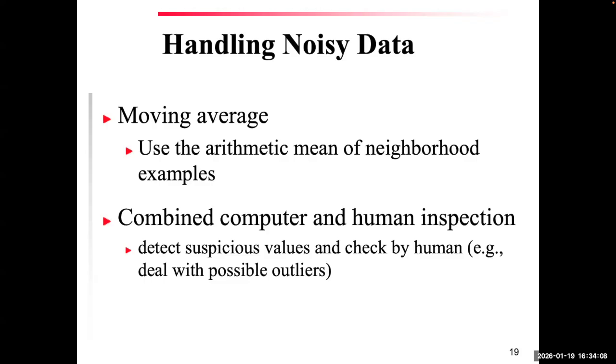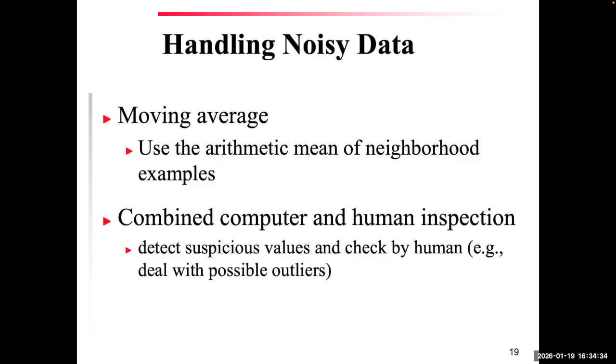And then finally, combined computer and human inspection. In this one, the algorithm flags the values that are suspicious, and then humans decide what to do. The reason that it is important is because some of our outliers are errors and others are rare but important.